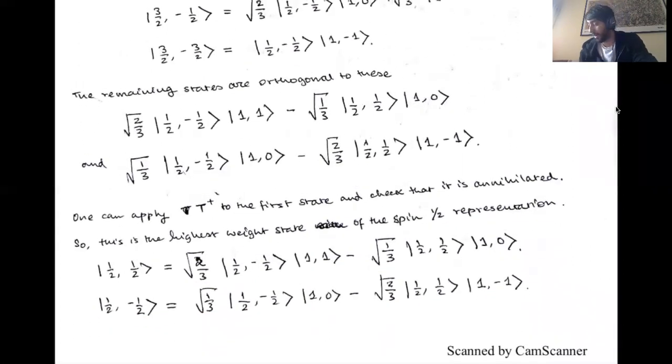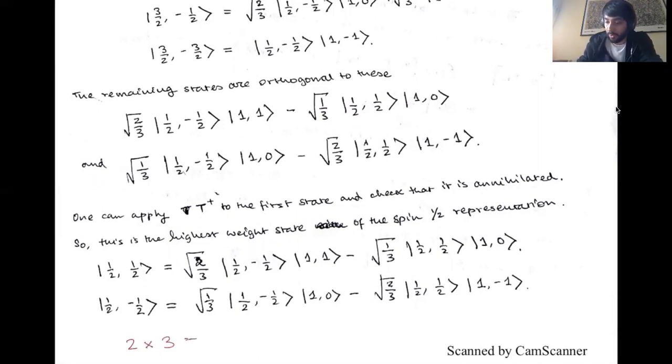So what you get at the end of the day is this. You had started off with spin half and spin 1, so that's the 2-dimensional representation crossed with the 3-dimensional representation.